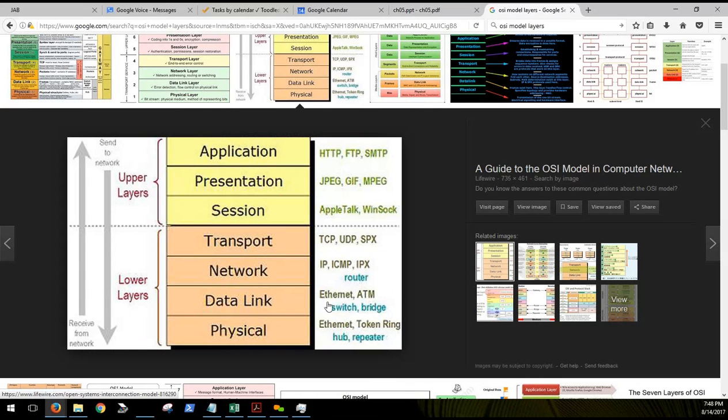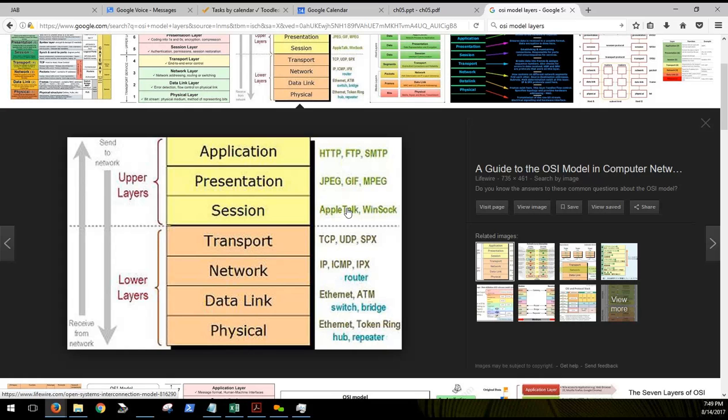In the data link layer, we've got Ethernet and ATM, and devices such as switches and bridges. Then we're into the network layer, which runs IP, ICMP, and IPX. IPX is an older protocol. The device that this typically runs on is a router. And then above that, we have TCP, UDP, and SPX.